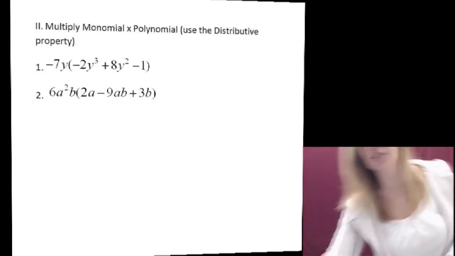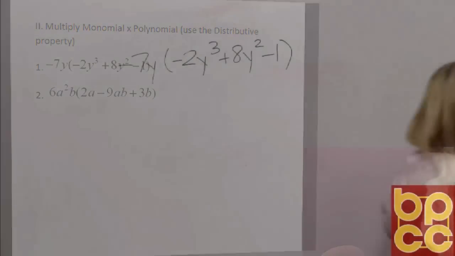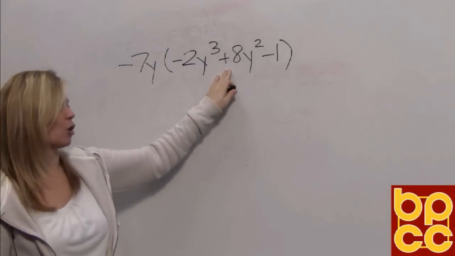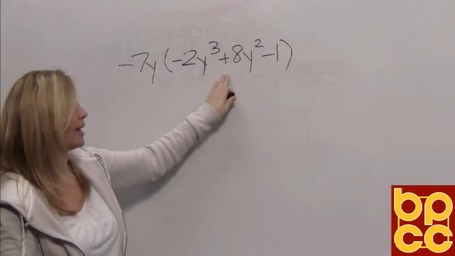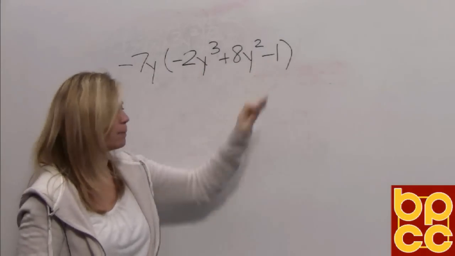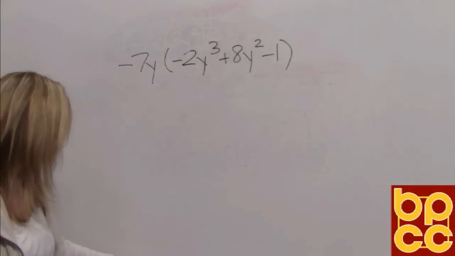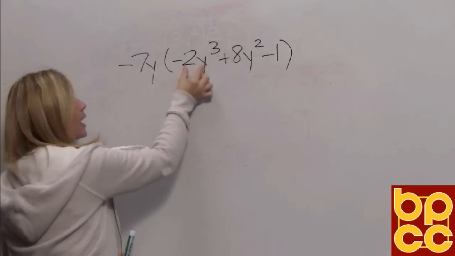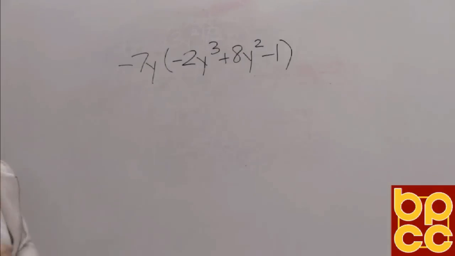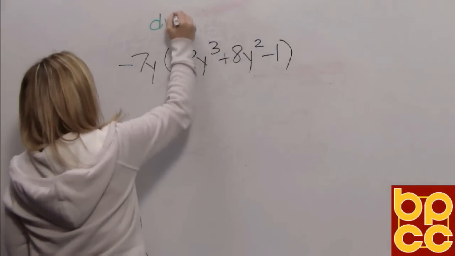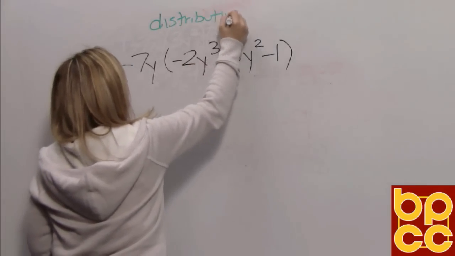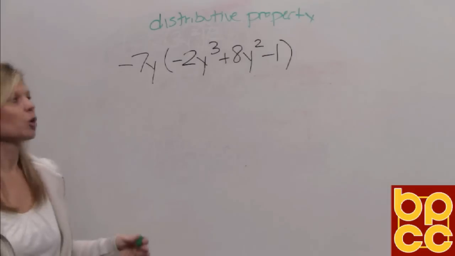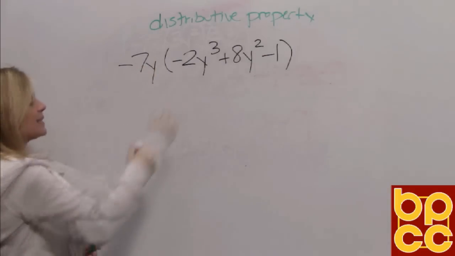So we have in this expression negative 7y, our monomial, and we want to multiply it to this polynomial, which technically is called a trinomial because it has 1, 2, 3 parts. To multiply this, we just don't want to multiply this first term by the negative 7y. We want to multiply all these terms. And if you recall, that is called the distributive property. Remember, to distribute means to give to all. So we're going to give this negative 7y to everybody.